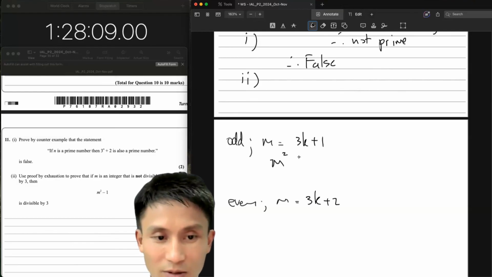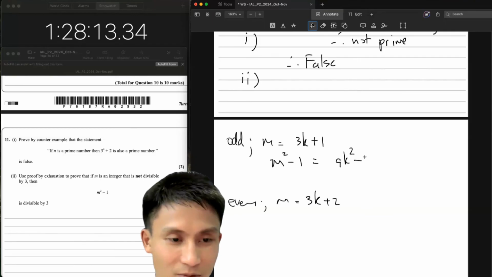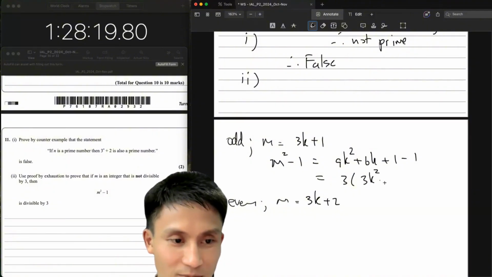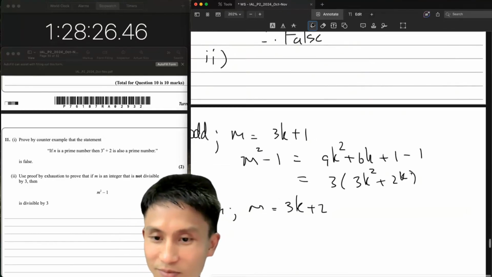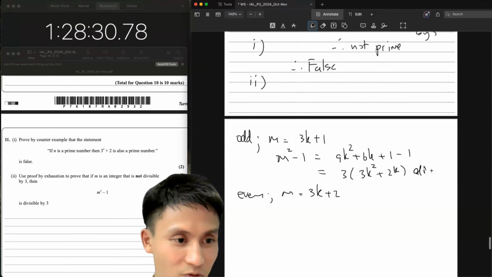So m squared minus 1 here would be, just expanding that, 9k squared plus 6k plus 1 minus 1. So that would be 3 times 3k squared plus 2k. So this is a multiple of 3, so divisible.